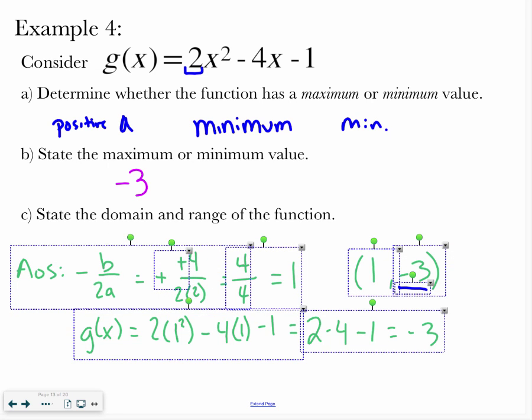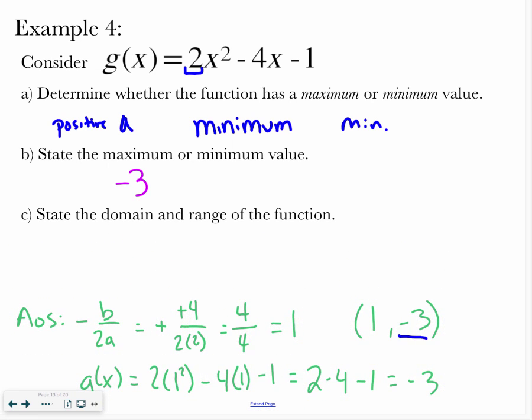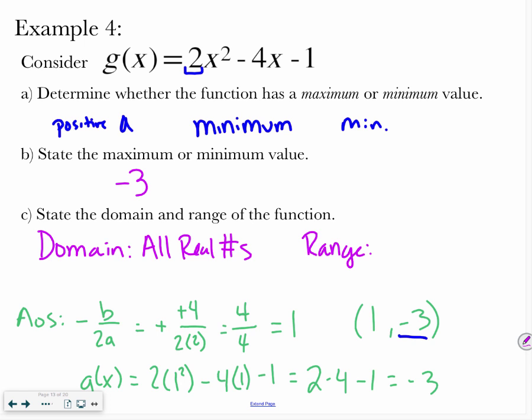Next, we're going to talk about the domain and range. I already told you your domain should be all real numbers, and your range depends on where your vertex is.